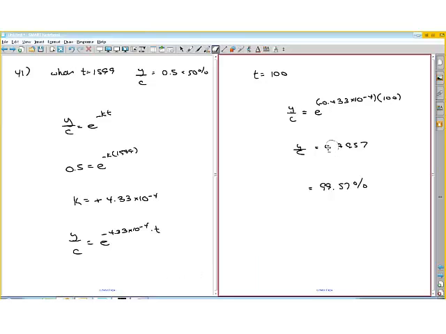Okay, I don't want to put in the calculator wrong, but it would be e to the minus, oh, that was my problem right here, it's 4.33. Okay, so if you do that, you get 0.957, which then when you multiply it by 100, you get 95.7%. Okay, so that's it.